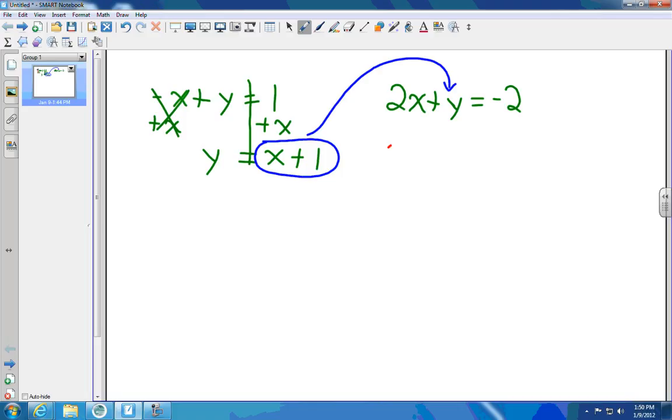So you're going to have 2x plus, and you are going to replace the y with what you solved for over here. What would we put in there then? X plus 1. And I would put that in parentheses. And that equals what? Negative 2. So nothing changed in this equation, except we put x plus 1 in for y.